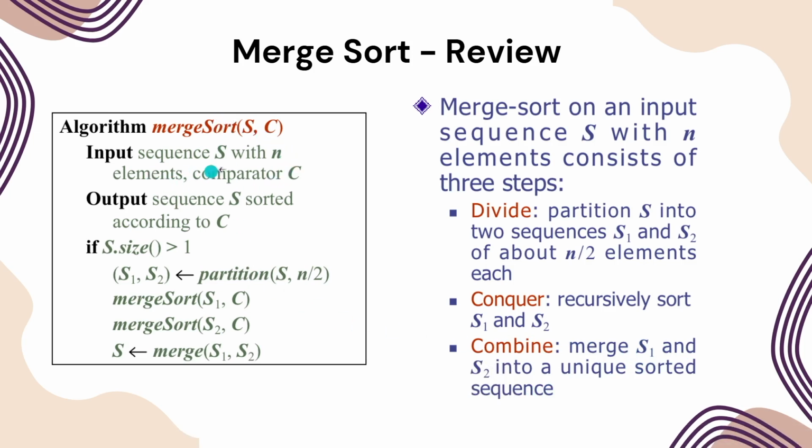This is the algorithm for merge sort. We are given a sequence S of length n, and a comparator C, and the output should be the same sequence S, but sorted. First, we check whether the sequence size is greater than 1. Only if it is greater, we partition that sequence into two, S1 and S2, each of which contains exactly n by 2 elements.